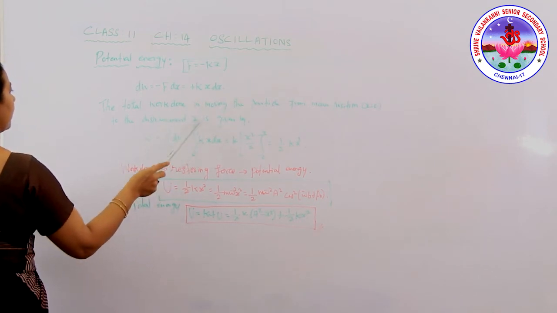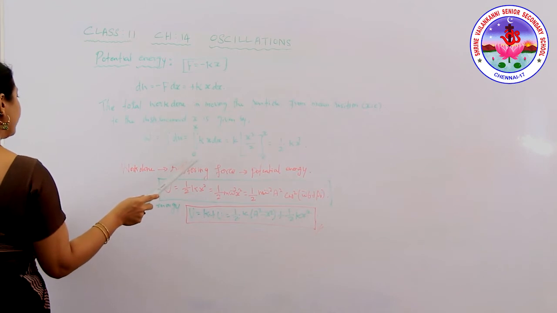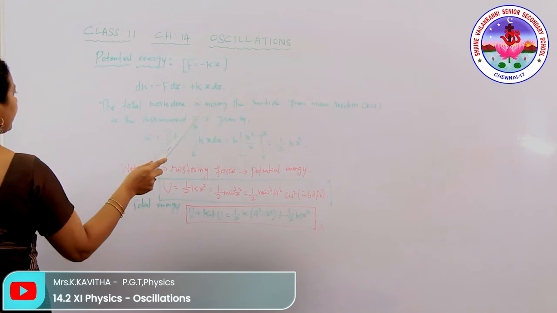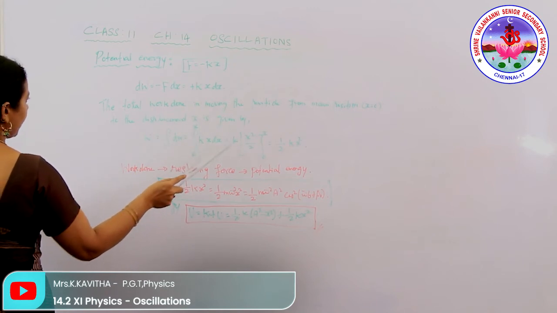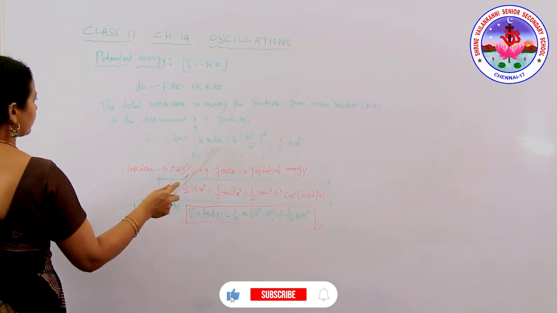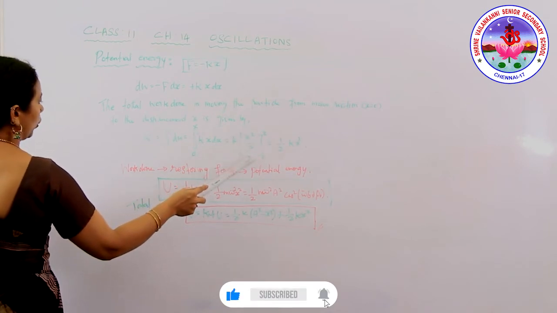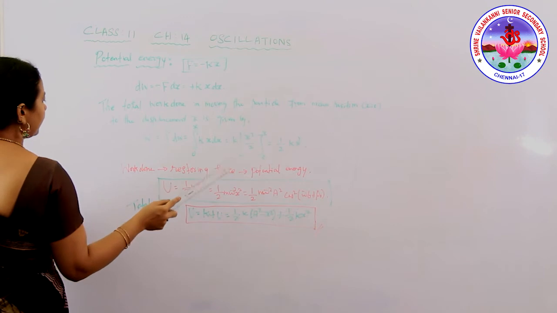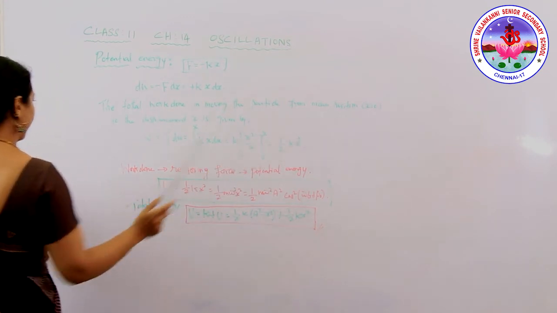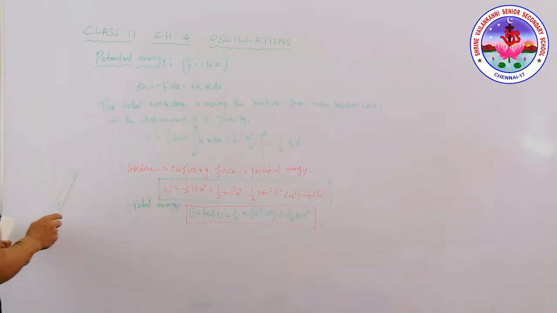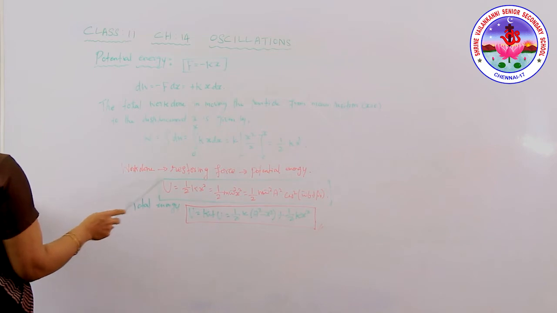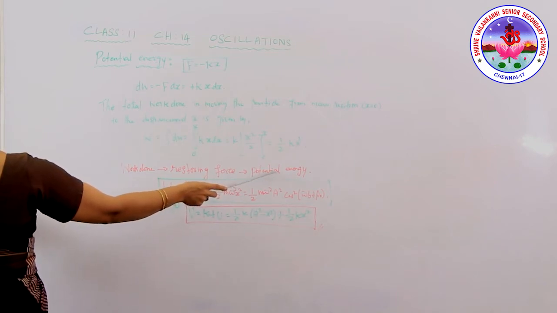So we have taken the limits from 0 to x. So integration from 0 to x of kx dx. K we have taken the constant out. When we integrate it, we will get integral of x dx, x square by 2. By applying the limit, right, we will get half kx square. Got it, children? Now, the work done against the restoring force is stored as always, what we said?